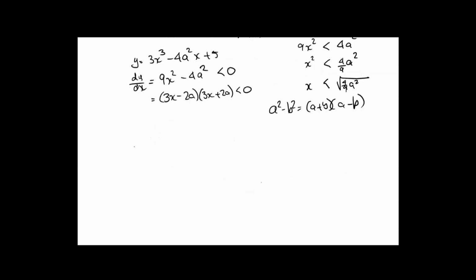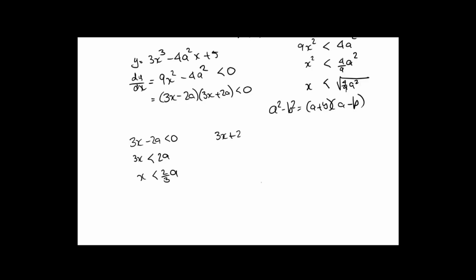So let's take them individually. So 3x minus 2a must be less than 0. And put that in terms of x. So 3x must be less than 2a. So x must be less than 2 over 3. Yep, that makes sense.